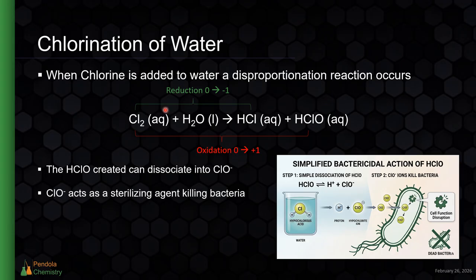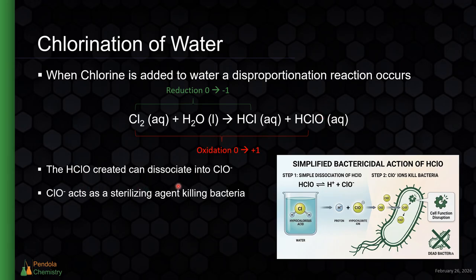And again, it will create the hypochlorite ion, just like with sodium hydroxide. But because we don't have sodium, it doesn't create sodium hypochlorite. It creates hypochlorous acid, or chloric(I) acid, which is HClO. Now, this combination of HCl and HClO are what kill bacteria.